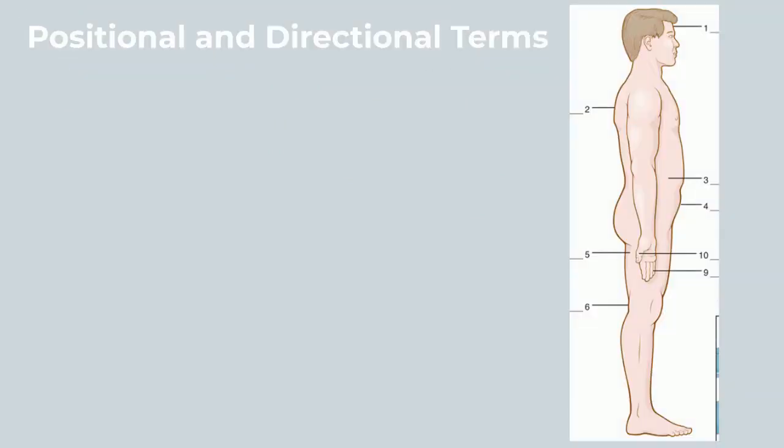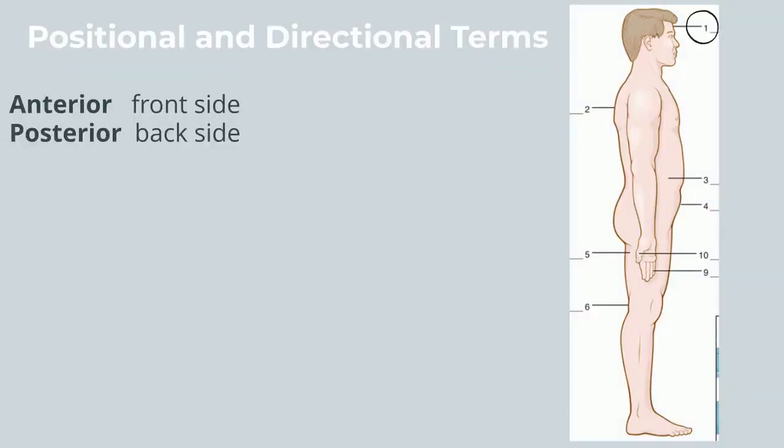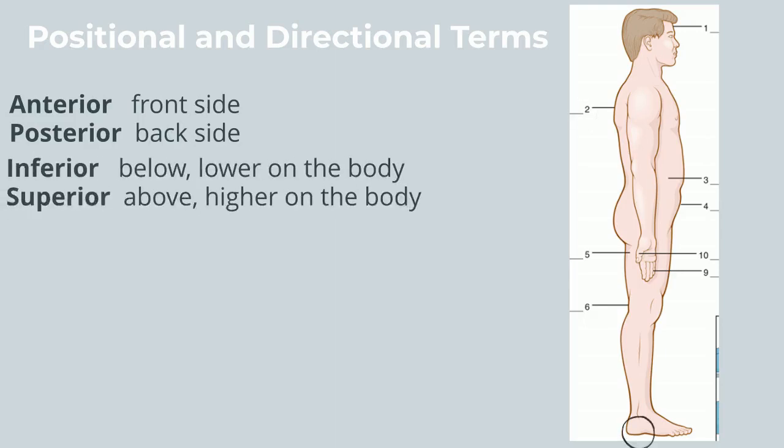Let's look at some positional and directional terms. Anterior is pertaining to the front or front side. Posterior is pertaining to the back or back side. Inferior is below or lower on the body. Superior is above or higher on the body. Lateral is pertaining to the side. Medial is pertaining to the middle.